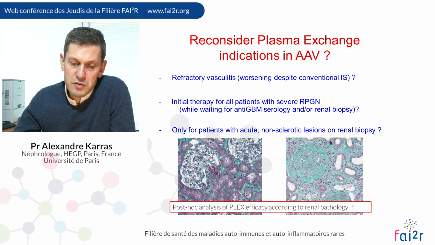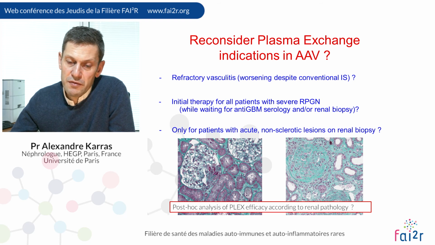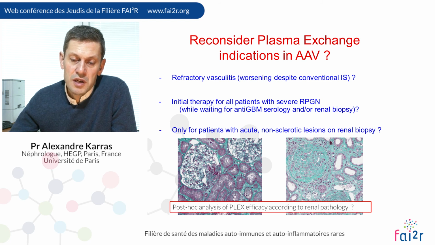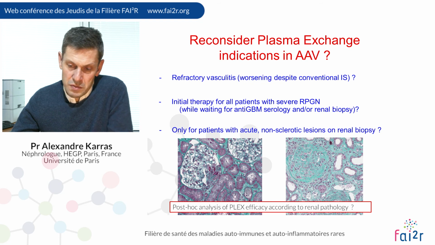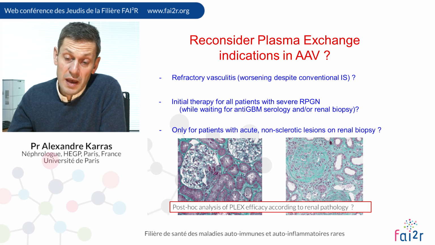For example, a patient with very fresh and recent lesions may have some improvement with aggressive treatment, maybe with plasma exchange. On the opposite, a patient with very sclerotic, very fibrotic lesions cannot expect any improvement of renal function with plasma exchange or with other immunosuppressive treatment.